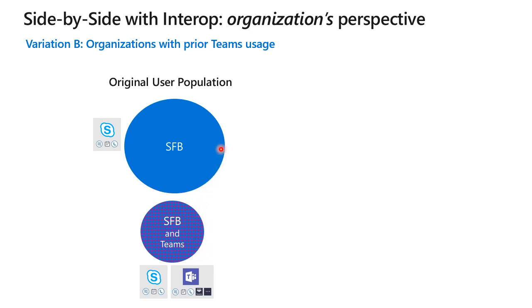So, here's our original user population. Everybody's got Skype, but there's this little subset of people that maybe got their hands on the Teams application and are actually using both in this full side-by-side world.